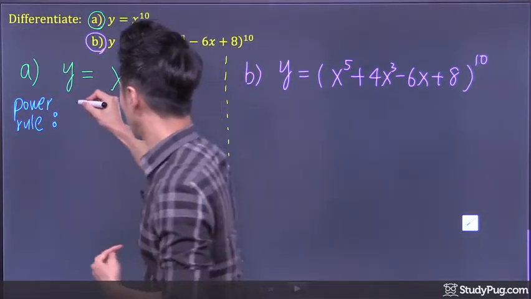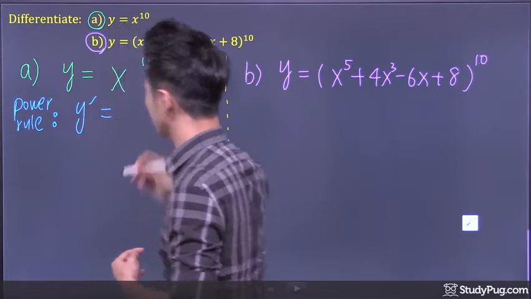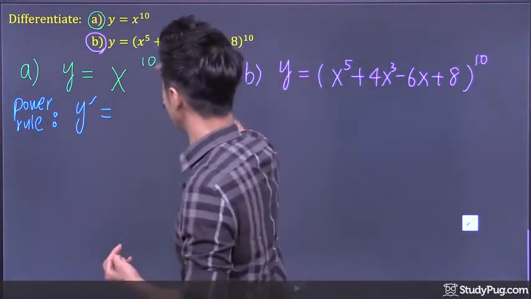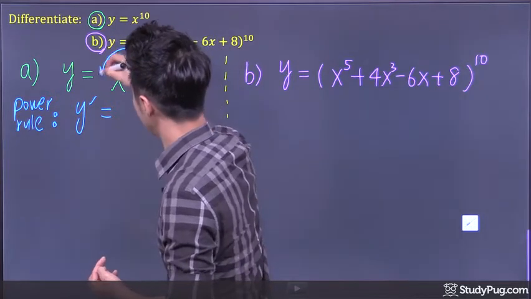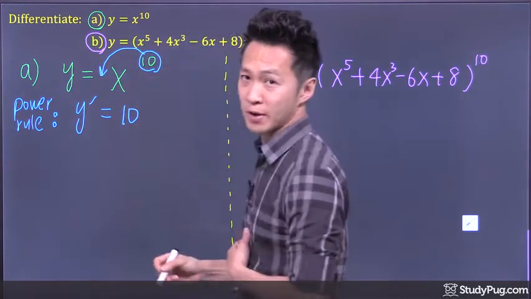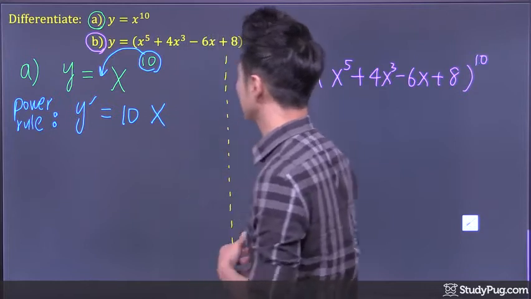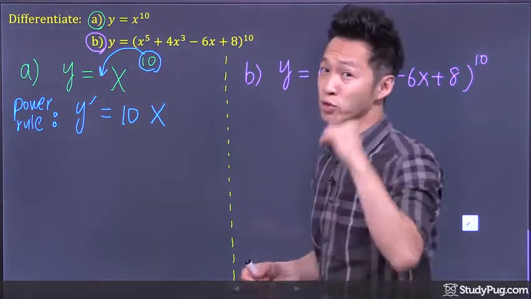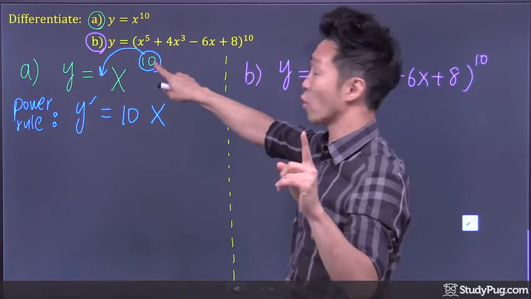So the derivative y prime is equal to, now power rule is very easy to apply. We simply bring the exponent to the front, 10. And then the exponent for x, what do we have to do? We have to subtract 1 from the original exponent.